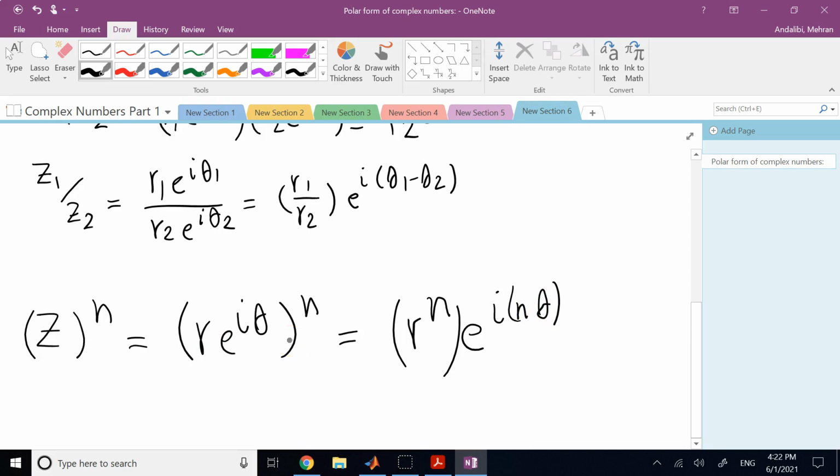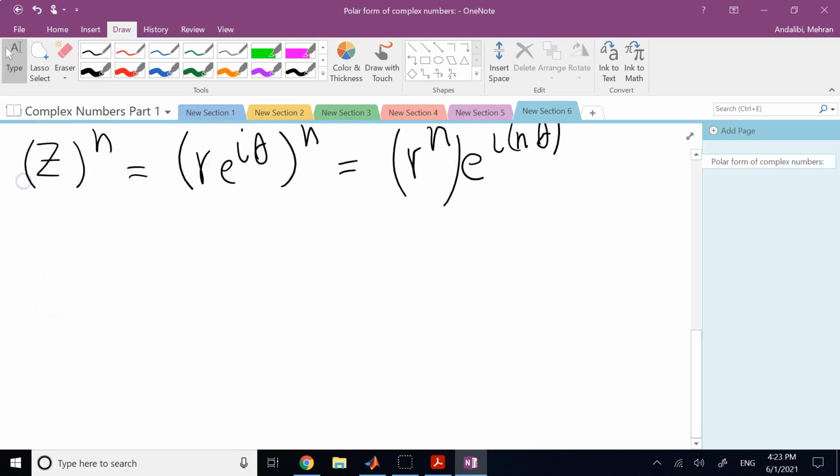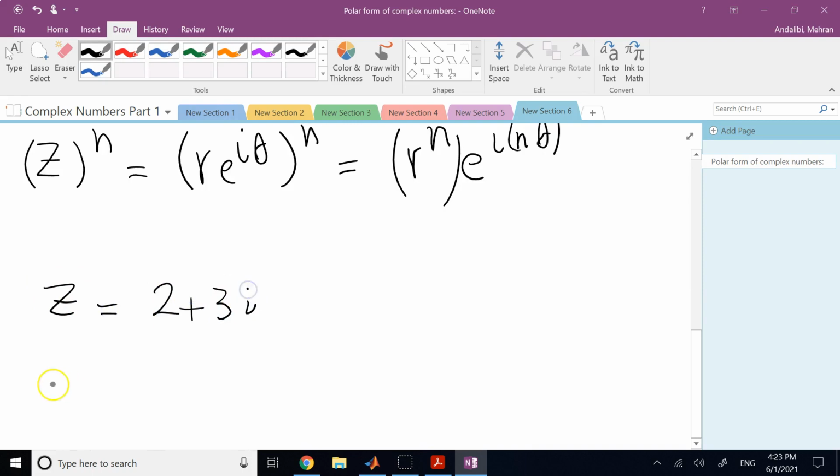So this is very good. As I said, you want to raise a complex number to the power 4, 5, 6. I would always write it in the polar format, then I raise it to the power. Because let's say, for example, z is equal to 2 plus 3 times I. And now I ask you, what is z to the 5?